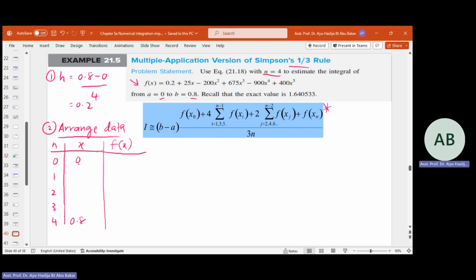So x0 plus h, 0.2. So x1 will be 0.2. How about x2? What is the number, Ruben? 0.4, correct. So 0.4 plus 0.2 will be 0.6.